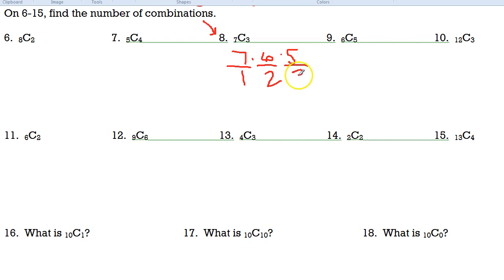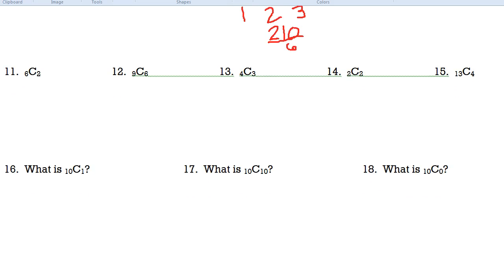Start at 1, count up until you run out of spaces. That looks like you're going to get 210 on top. 7 times 6 is 42, times 5 is 210, divided by 6. So 7 choose 3 is 210 divided by 6, which I'm pretty sure is 35.